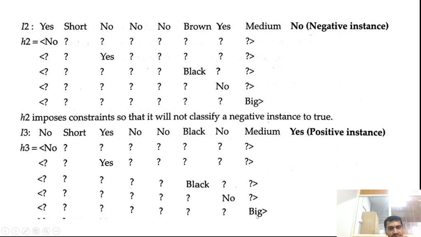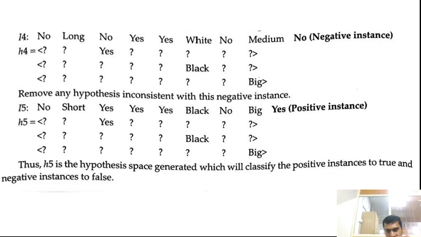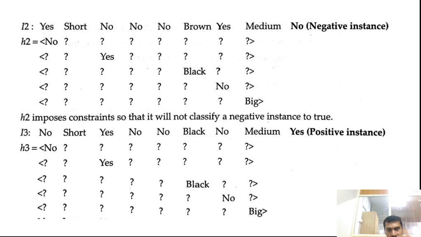So for the time being we will skip that. I will make it a specific one, and consider big only. Big means only then it classifies the negative instance. It should be big, then only. So this hypothesis will not match over here. Okay, so you can skip this.